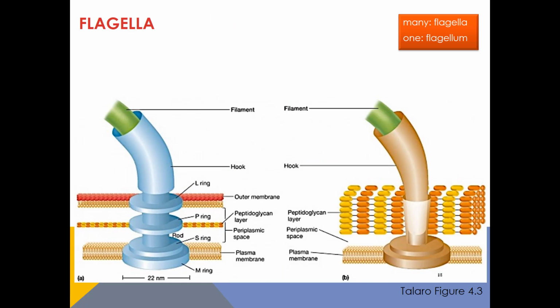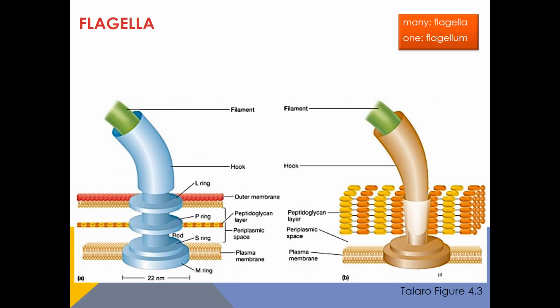When it comes to external structures, we're going to start with flagella. If you have many of them, it's flagella, such as bacteria. And if you have just one of them, it's flagellum, such as bacterium. Now, because there are two types of bacteria, which we'll get into, gram-positive and gram-negative, there are two types of anchors that seat the flagella in the cell envelope.